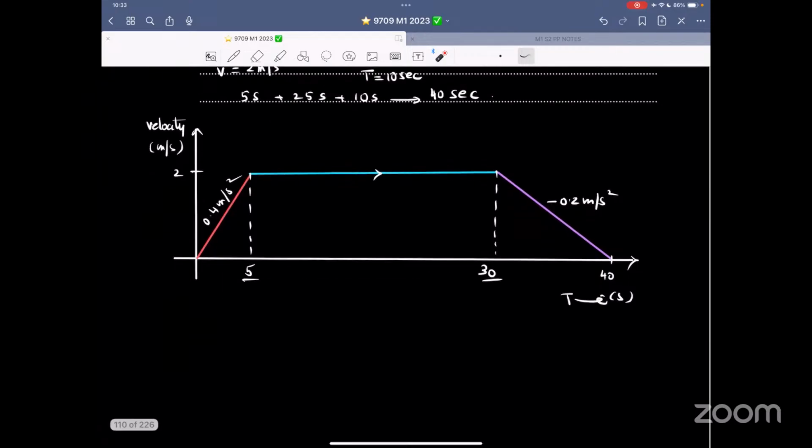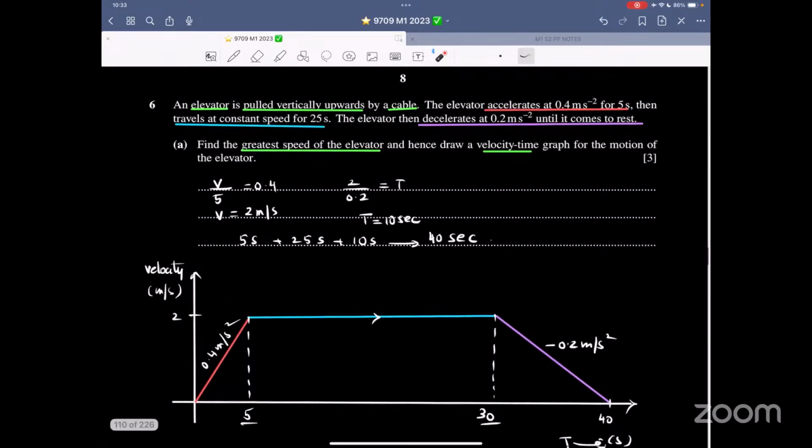So I believe in drawing graphs first. It accelerates at 0.4 for 5 seconds. So this thing was unknown, that was v. So v over 5 is 0.4, therefore v is 2. And then it decelerates at 0.2 until it comes to rest.